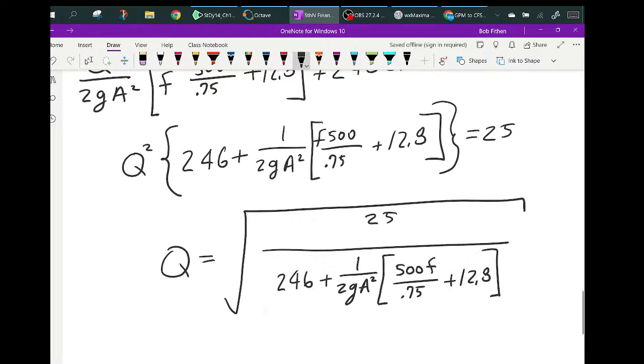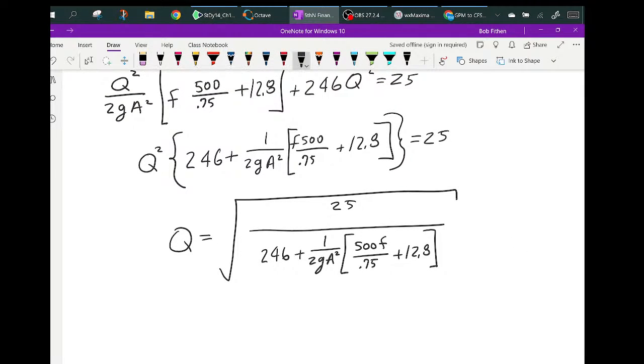So let me go ahead and address the area, and I'll rewrite this thing. The area is pi r squared, where the diameter was 0.75. If I square it and divide by 4, I end up with that number.